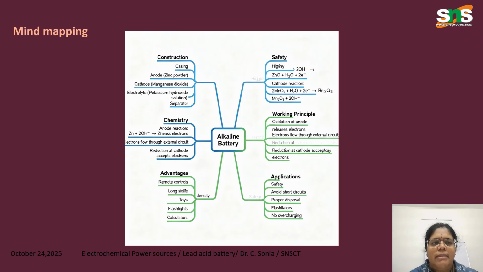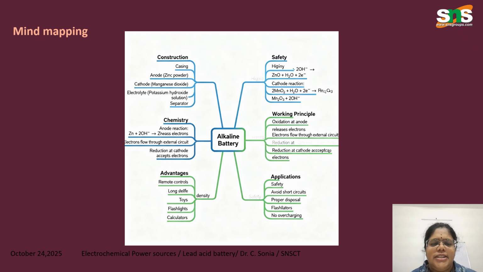So, this is the mind map of the alkaline battery. The construction, where we saw the casing, the cathode and what it contains, the electrolyte which is used, the separator, and the safety. The chemistry, which is the reactions at the anode and the cathode. The working principle: how oxidation occurs at the anode and reduction at the cathode.